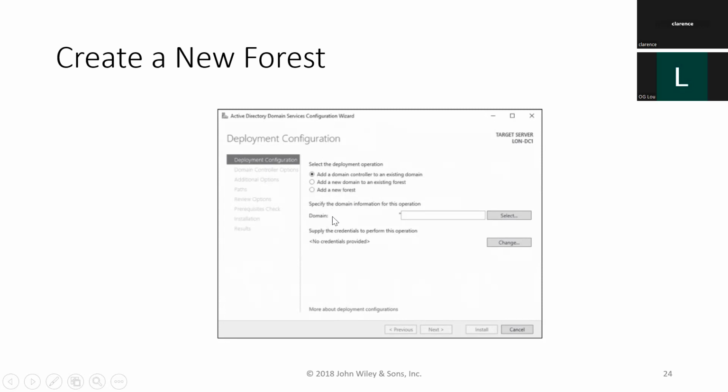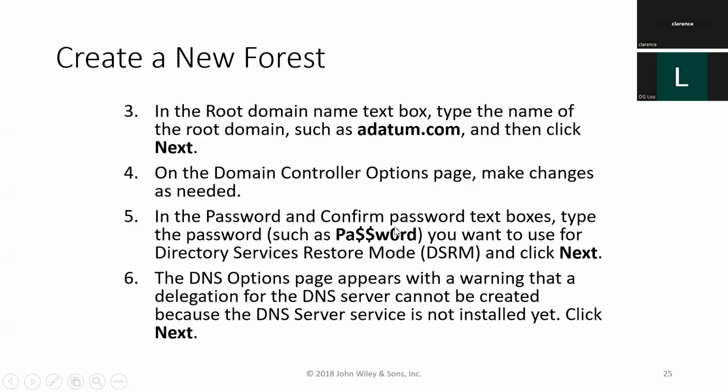And then you provide the root forest domain name. You put a domain name here, and then you'll be required to provide credentials. Mostly you will use the administrator credentials to authorize the settings that you are doing. So these are just steps. When I give you the slides, they just contain the steps that you can follow.